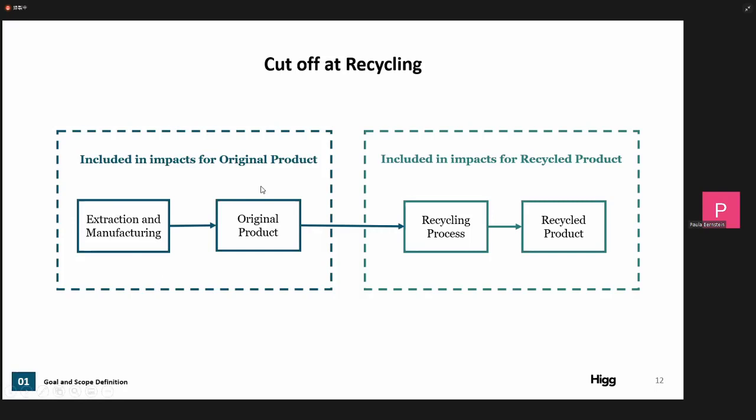And then any transportation and processing that's required to turn those bottles into the shoe belongs with the new product. So it's pretty clear, it's called cutoff because you have a pretty clear boundary of what belongs with the original product and what belongs with the recycled product. So all materials in MSI followed this rule consistently.